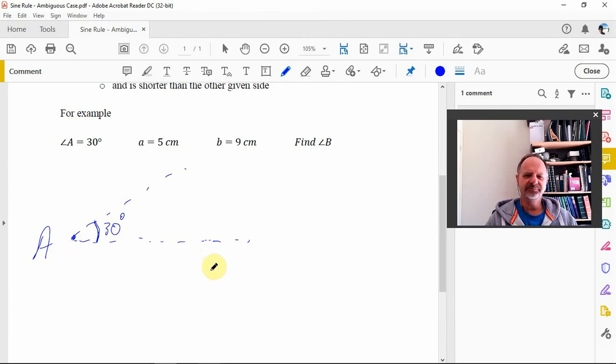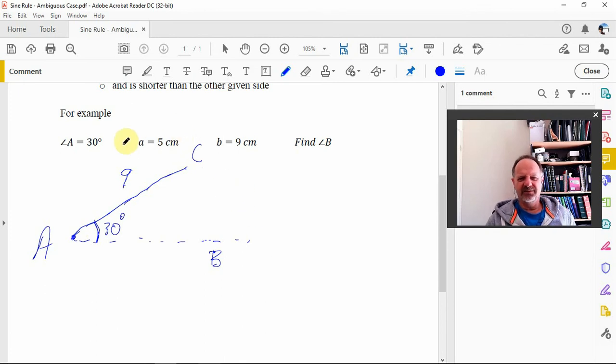And then vertex B is over here somewhere, and vertex C is up here somewhere. And so this side length 9 is opposite vertex B, so this here is 9 centimeters.